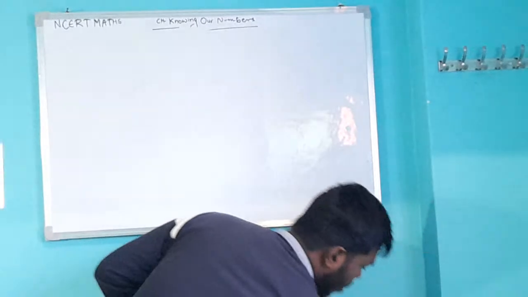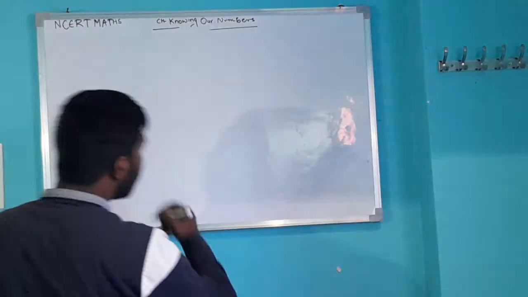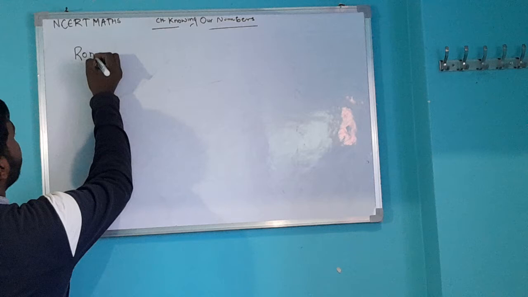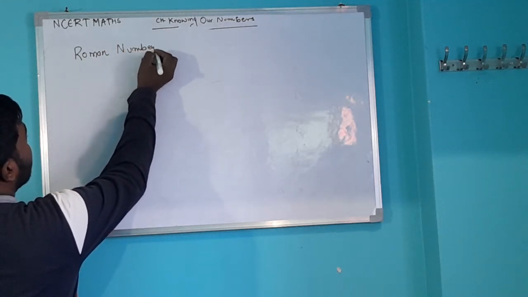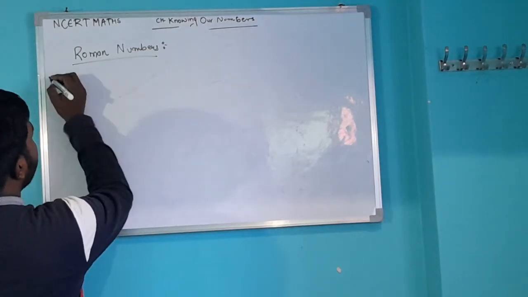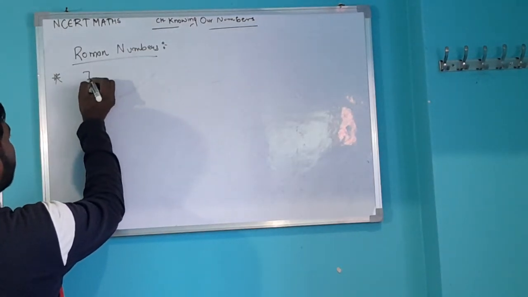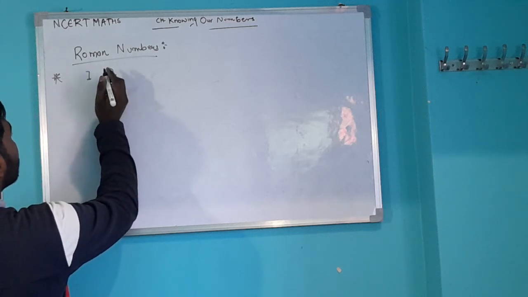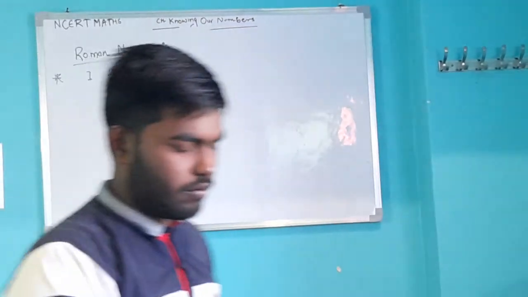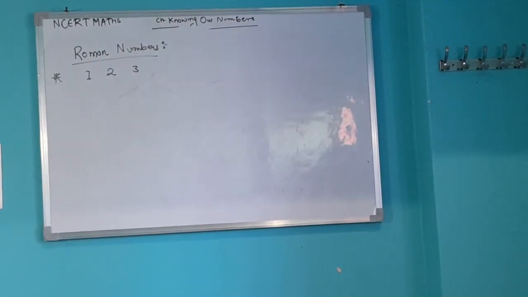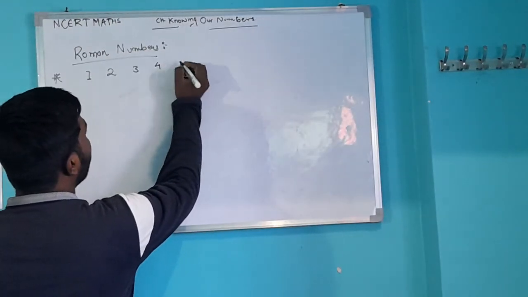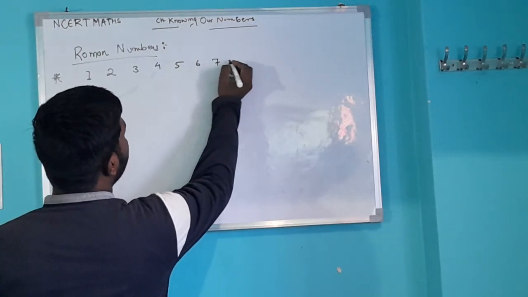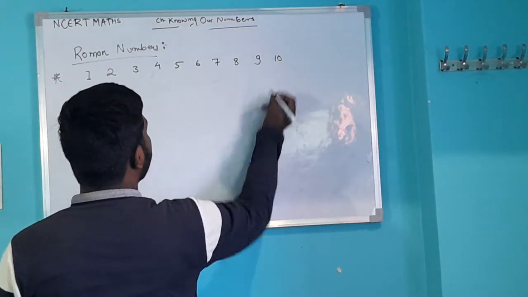So let's move to our next topic, which is Roman numbers. It is a very important topic. Firstly, I have written the numbers as 1, 2, 3, 4, 5, 6, 7, 8, 9, and 10.